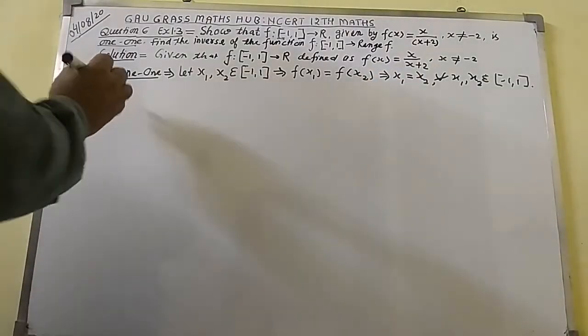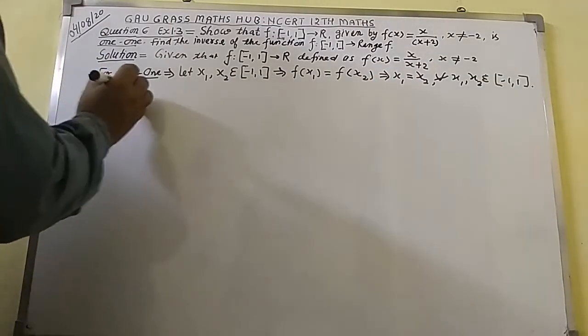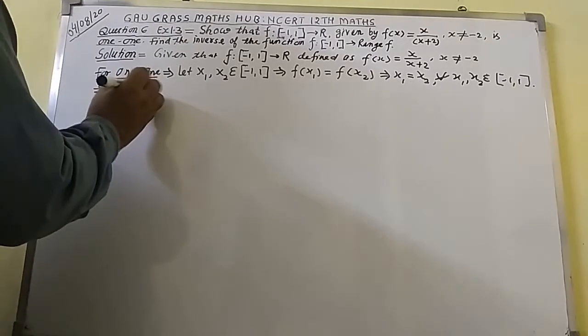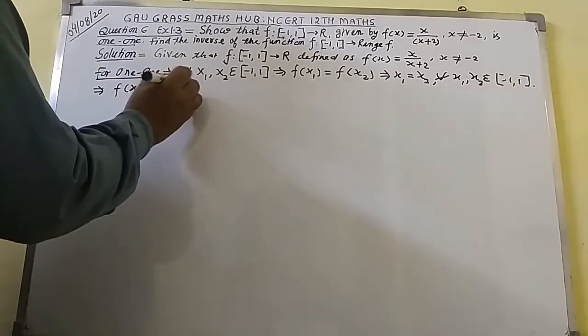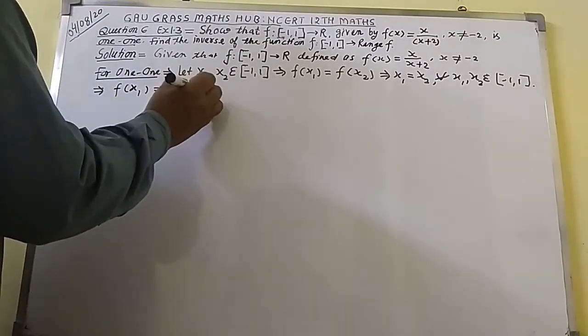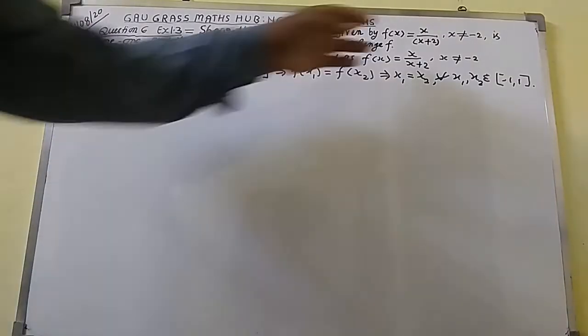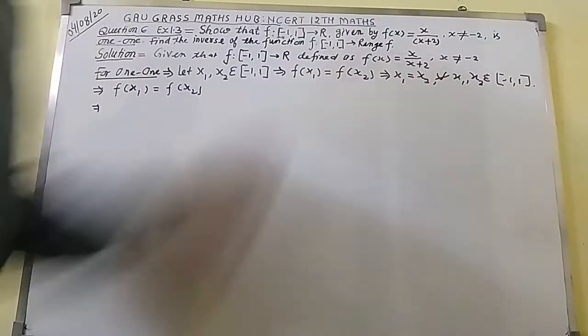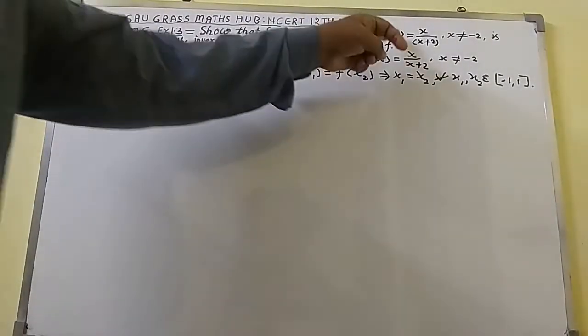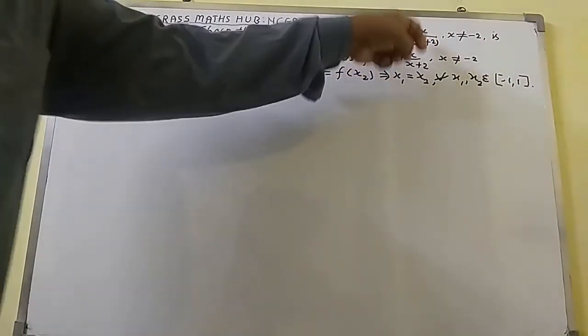Now what to do here? Again implies that f(x1) = f(x2). Now I have got f(x) = x/(x+2). So in place of x I shall write x1.